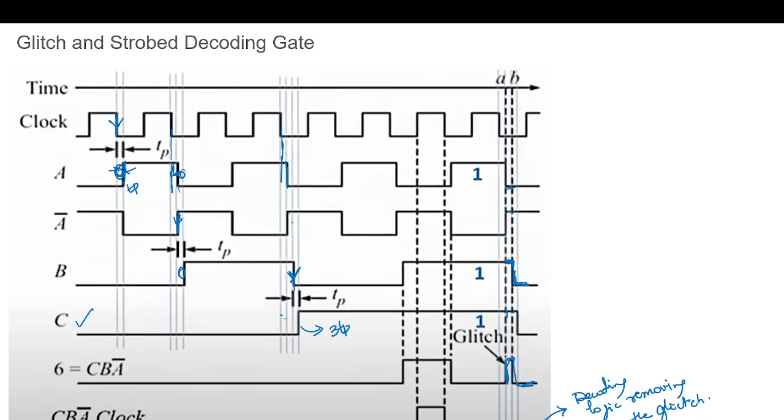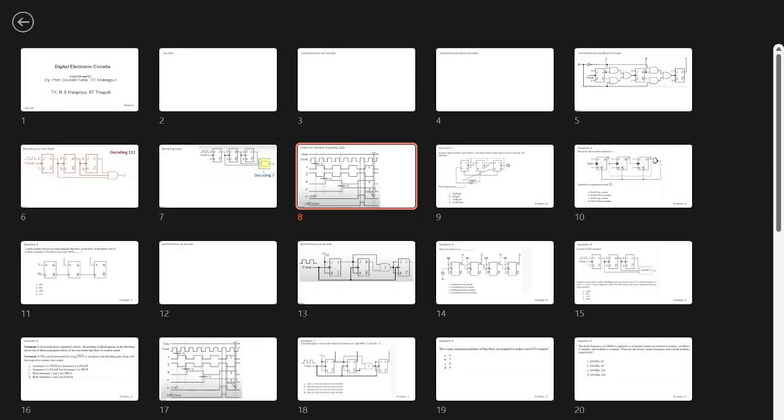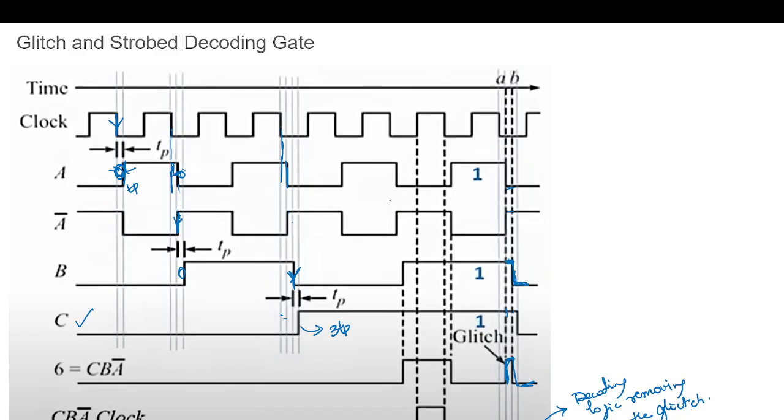And to remove this glitch, we will perform an AND operation with the clock signal. A bar, B, C was our initial decoding logic. Now we will perform another AND with the clock.